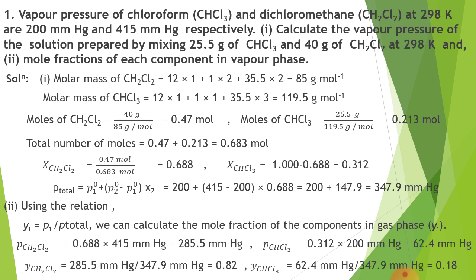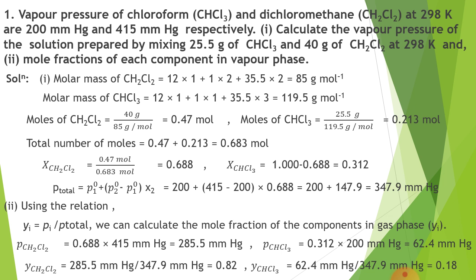So these are basically the vapor pressures of pure chloroform and pure dichloromethane. Now calculate the vapor pressure of the solution prepared by mixing 25.5 gram of chloroform and 40 gram of CH2Cl2 at 298 Kelvin. Here the masses of the two components are given, and also you have to find the mole fraction of each component in the vapor phase, that is Y1 and Y2.